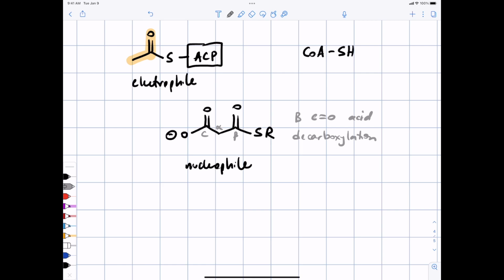Because if CO2 leaves, if we did something like this, where lone pairs on this oxygen kick down, the electrons in this bond between the acid carbon and the alpha carbon can go onto the alpha carbon where they're stabilized by resonance.